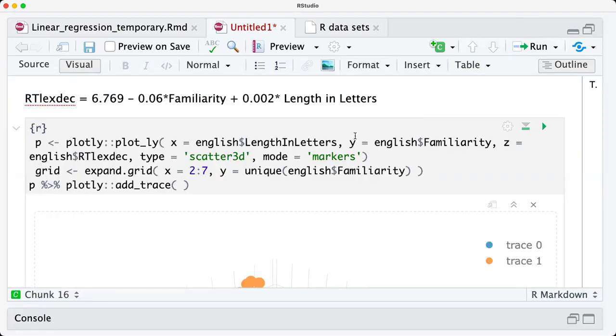This is only coding, so it's not very interesting.